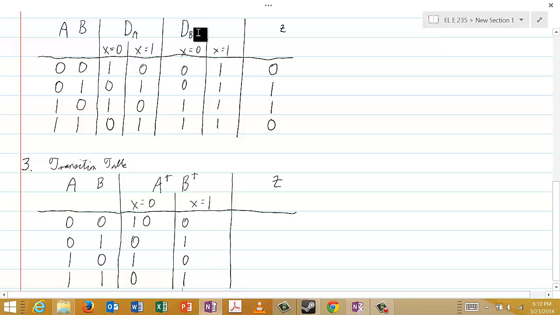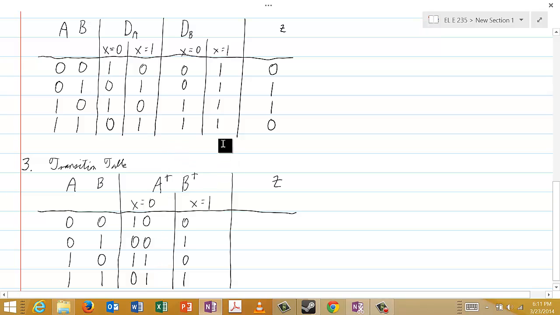And on the other hand, if we want to know the next value of B, all we have to look at is D sub B. So when x is equal to 0, that gives us 0, 0, 1, 1. We already have the first 0, so we put 0, 1, 1.